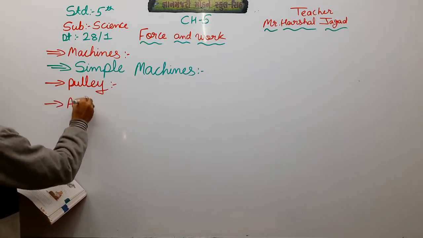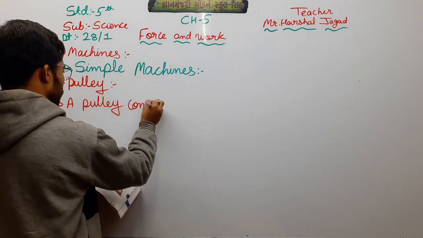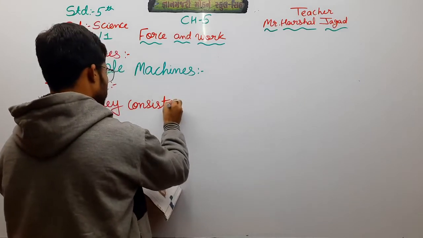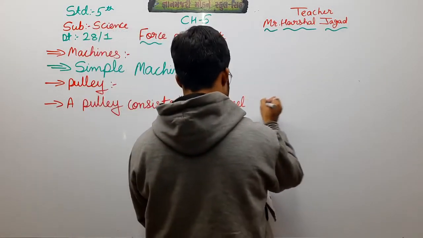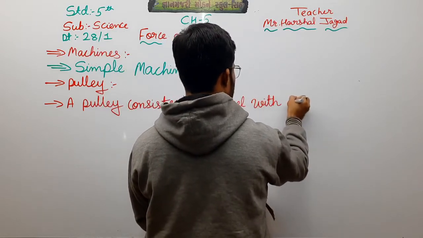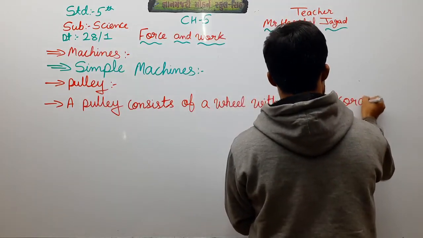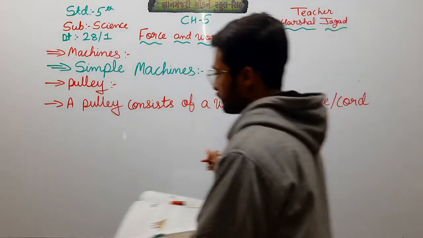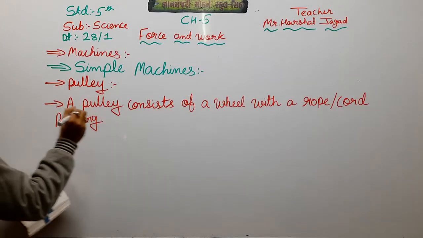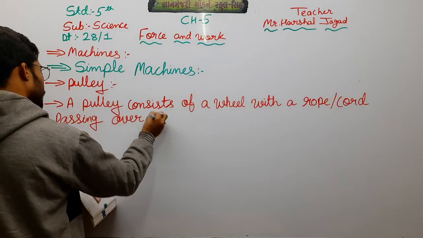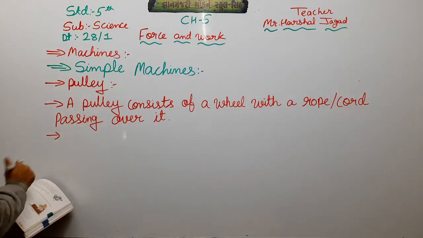A pulley consists of a wheel with a rope or cord passing over it.